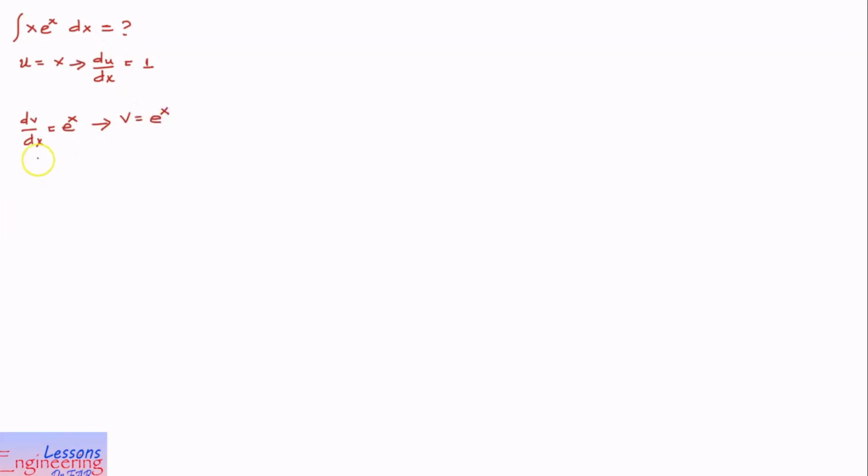Now let's remind ourselves what the rule of integration by parts is. The integral of u times dv by dx equals u times v minus the integral of v times du by dx.